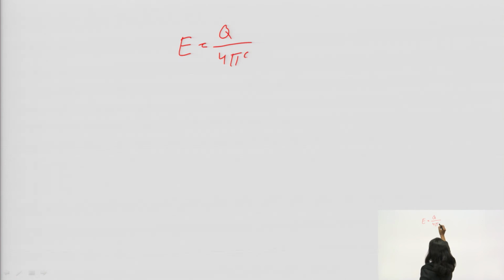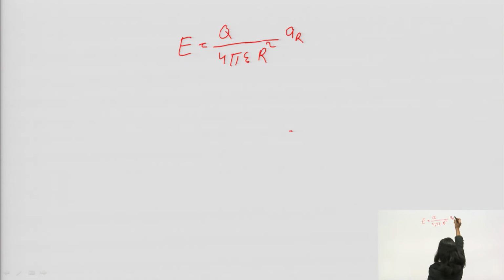Let us revise the steps. Whenever you are asked to find the electric field due to a certain charged body, you have to first of all write the basic general formula of E, that is q by 4 pi epsilon r square ar.